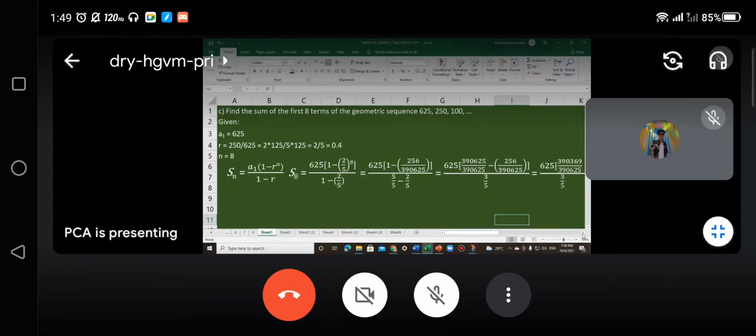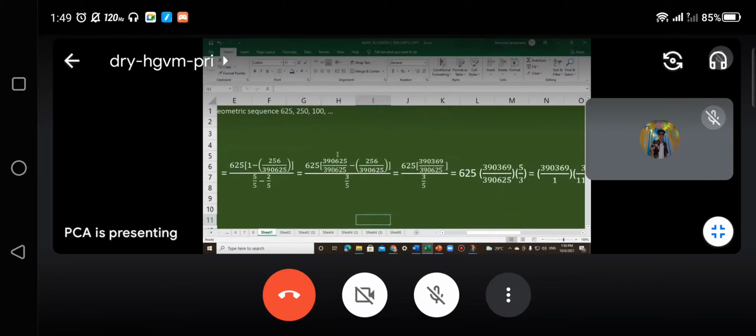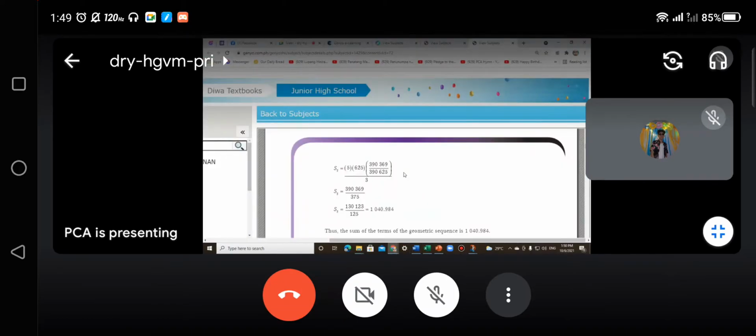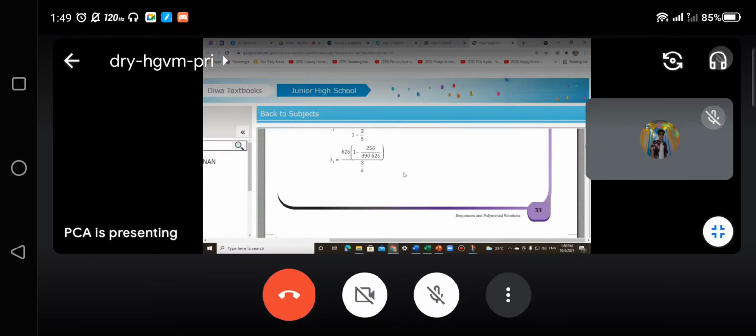And then in this part, it's 1. This is 1, right? 625. Check your textbook, class, so you can follow. And then it's okay in here, but it's just that it's automatic. Naging automatic na dyan.